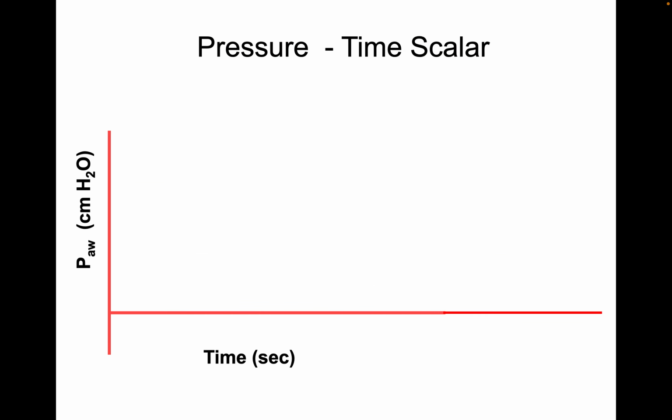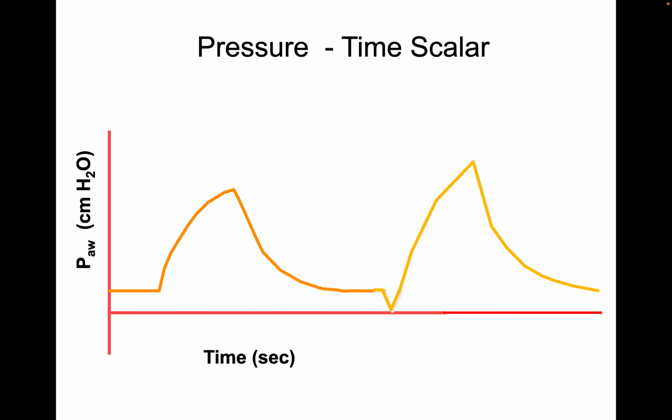Now about the pressure time scalar. As you could remember, this is how the pressure time scalar looks. If you have a negative deflection, it only means that the patient is triggering. So this can be an assist control mode.